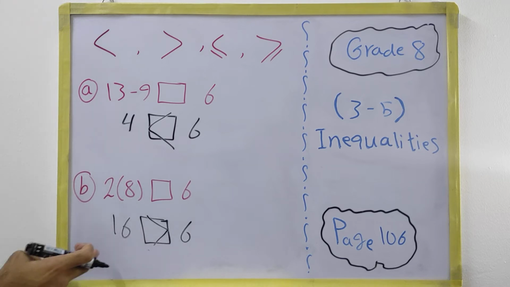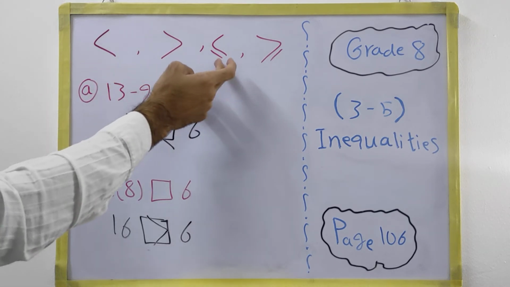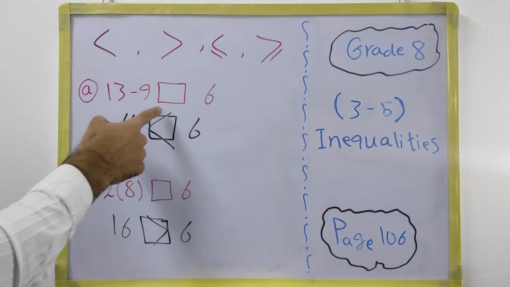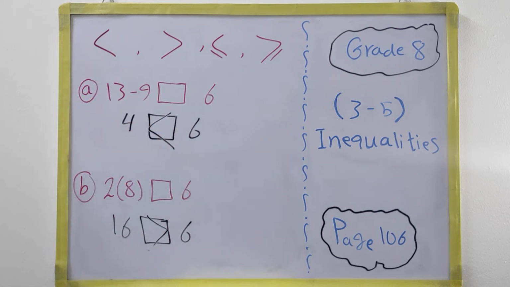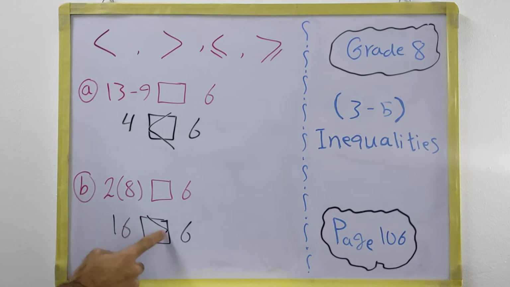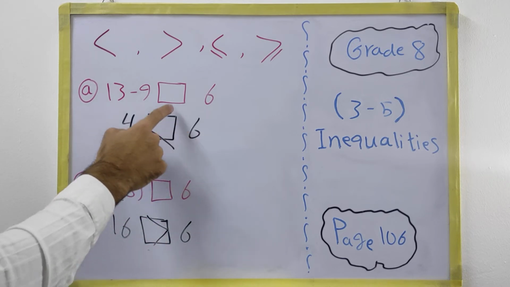We see that this side is greater than this one. That's if you have only numbers. How do we put less than, greater than, or one of them? Which side is greater? We look at this one and we put the sign towards the greater one. Like this one is greater, we show this one. This one is greater, we show that.